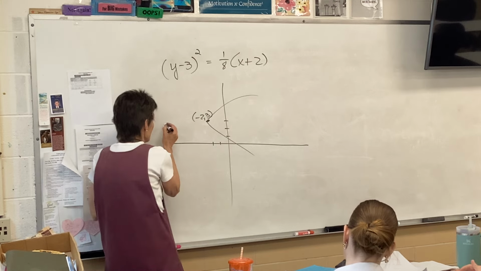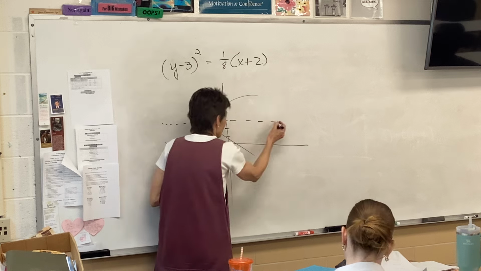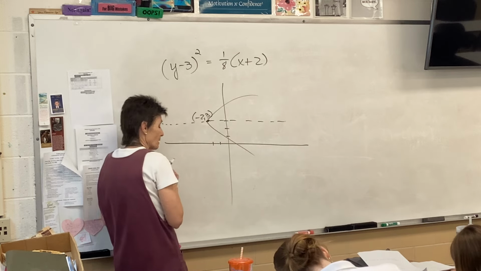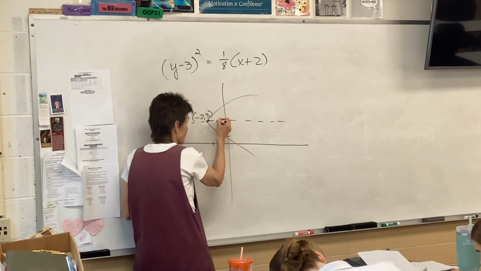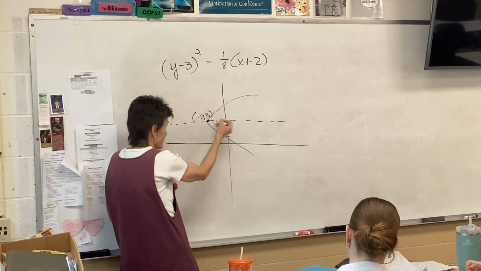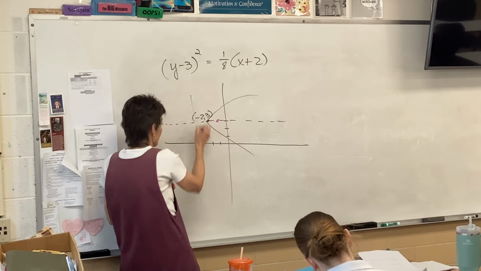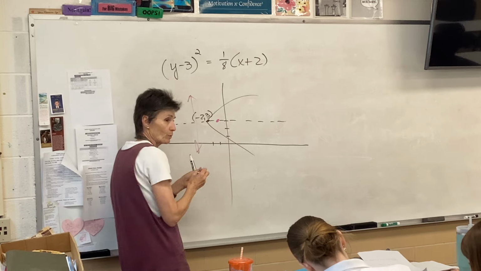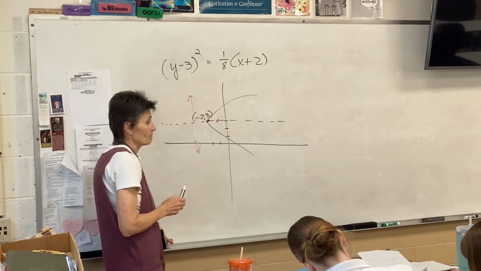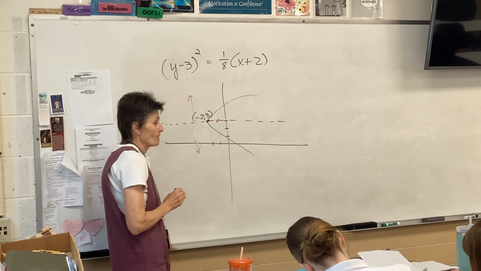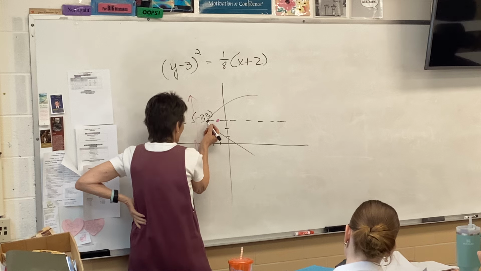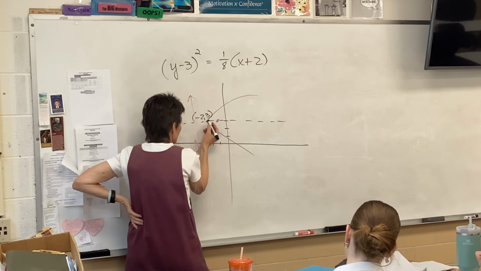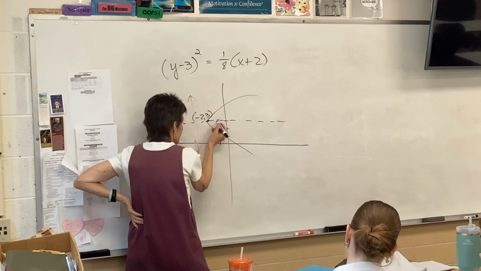Okay, now, here's my axis. My focus is inside the curve somewhere. I'm just randomly putting it there. And the directrix is somewhere back here. Would you agree with that? Now, tell me how far it is from here to here.